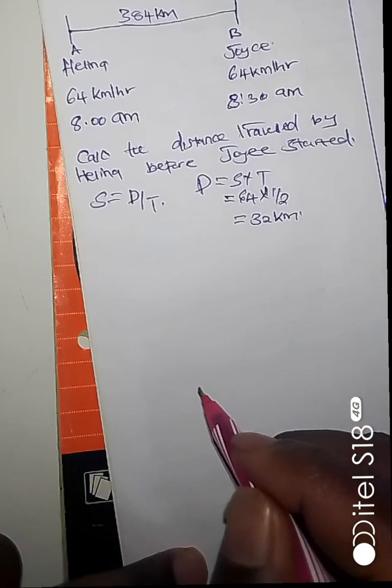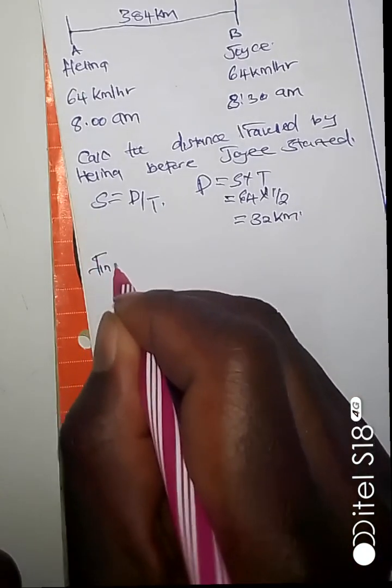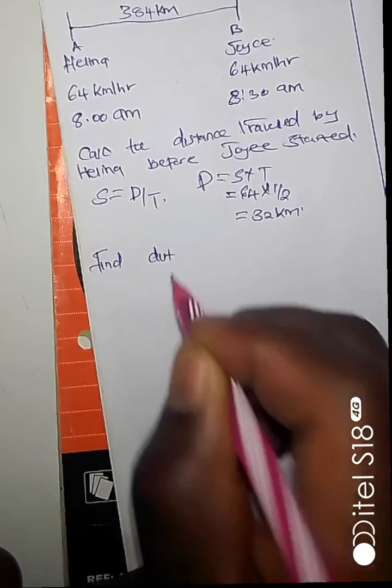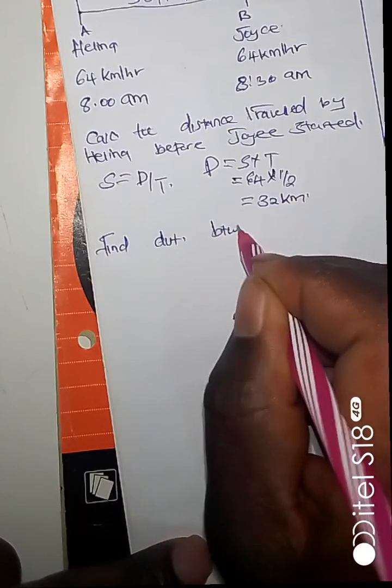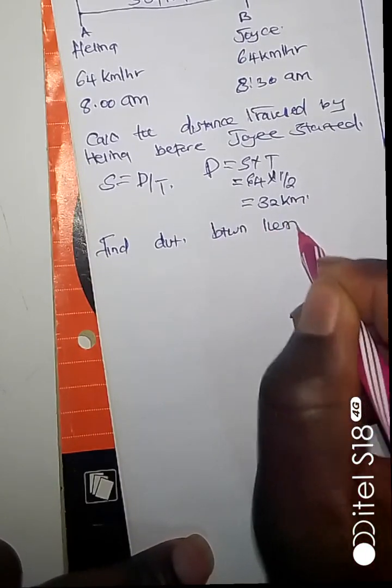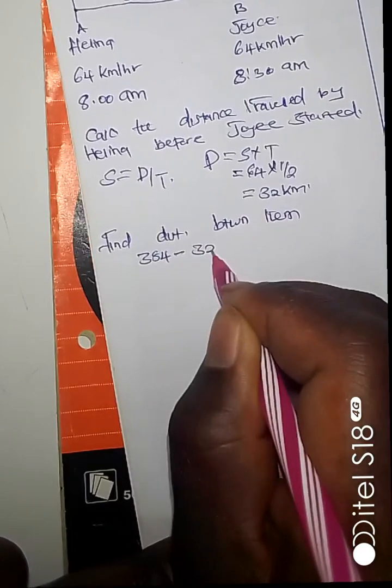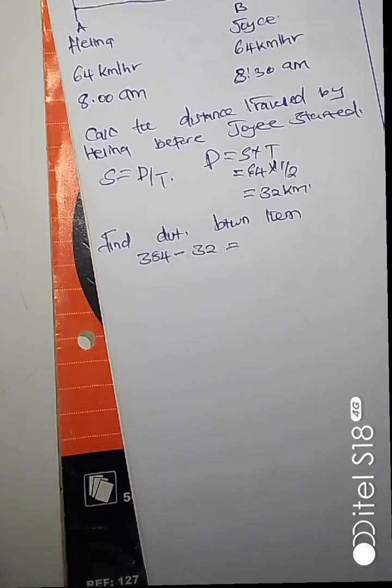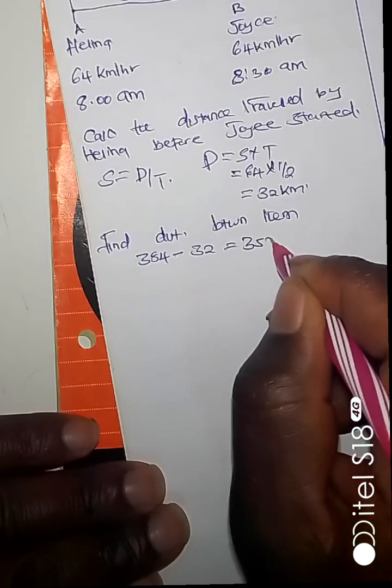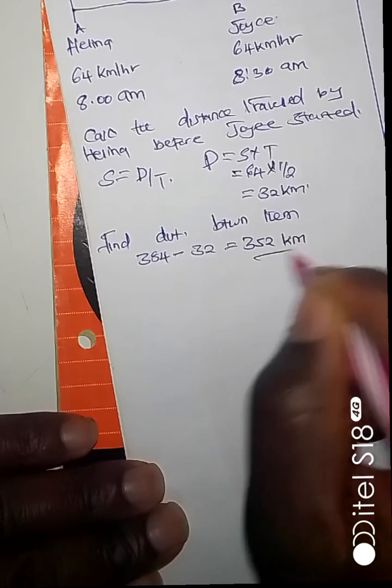Now here we still need to find the distance between them. Now it will be 384 minus 32 kilometers, which is 352 kilometers.